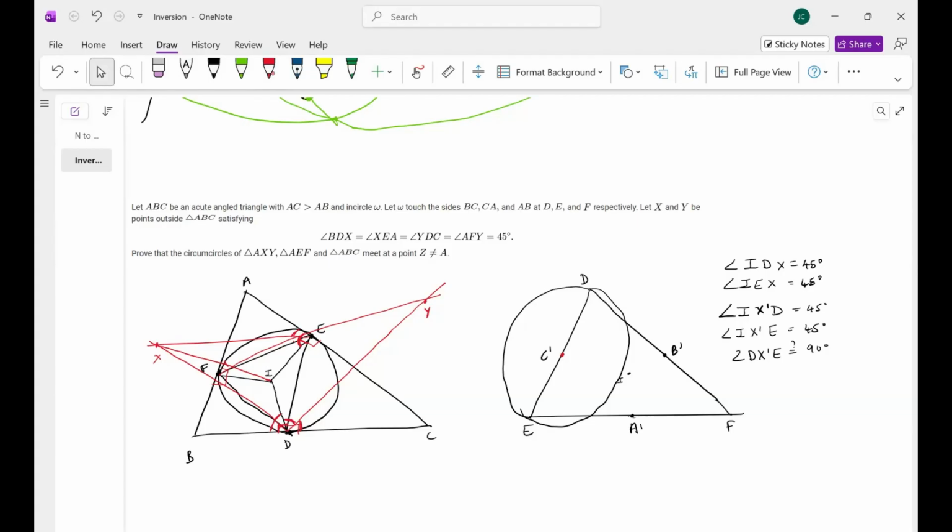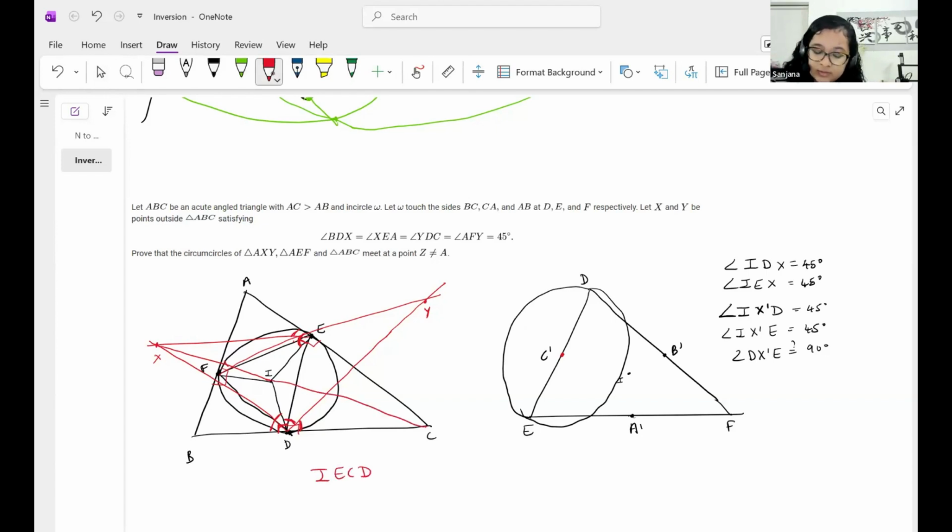You can also say that XC and XD are symmetric with respect to quadrilateral IECD, right? Because this is symmetric here, and now you're just taking equal angles over here, 45 and 45. So because of that, X, I, C should actually be collinear.